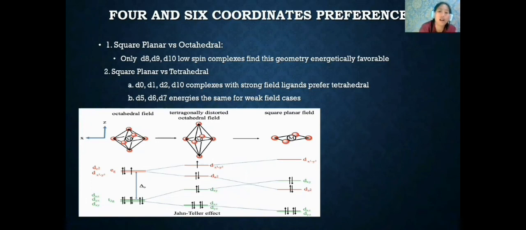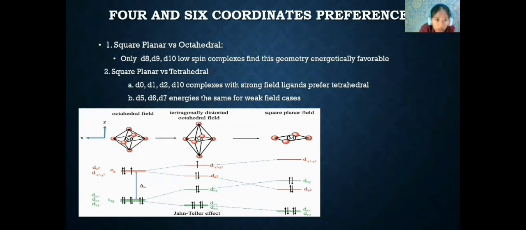They prefer the tetrahedral shape. While for the d5, d6, and d7, their energies are the same for weak field cases. Okay, so you have their distortions by the Jahn-Teller effect.